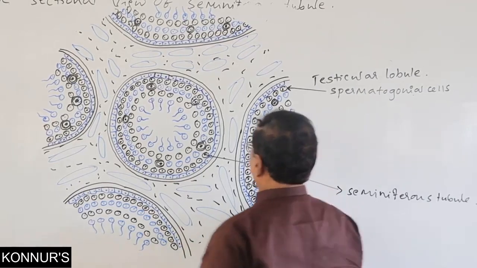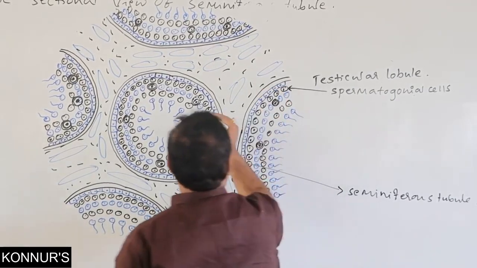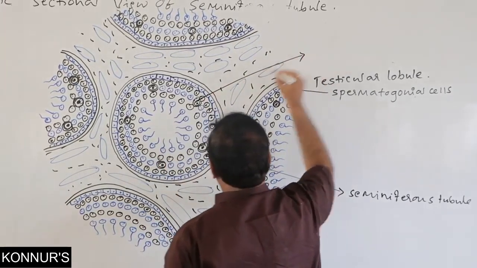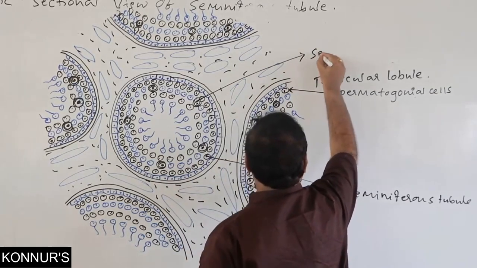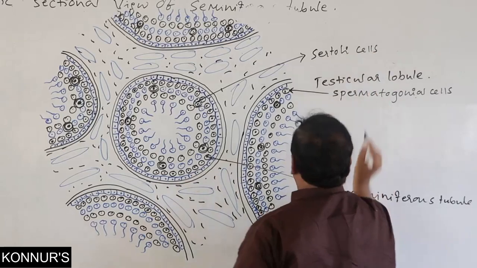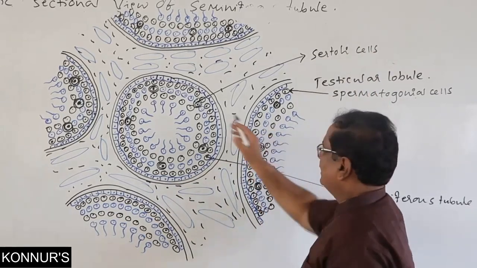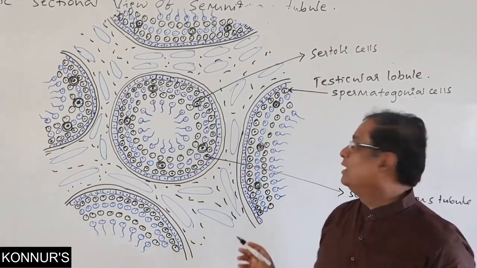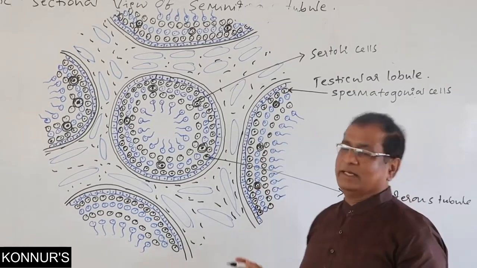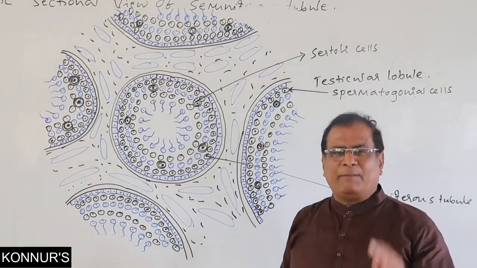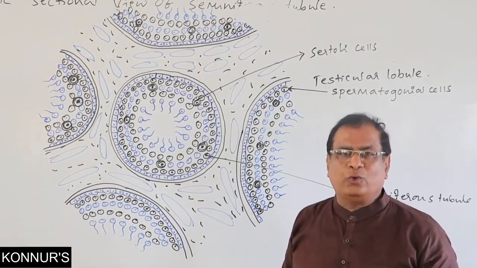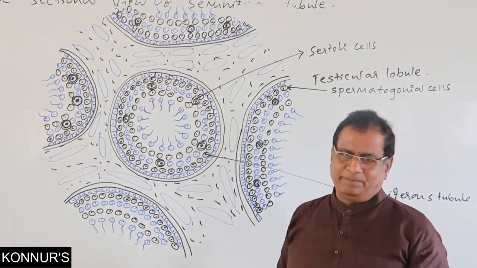And another cell present in seminiferous tubule is Sertoli cells. They are present along with spermatogonial cells, and these Sertoli cells are meant for nourishment. They provide food to germ cells.